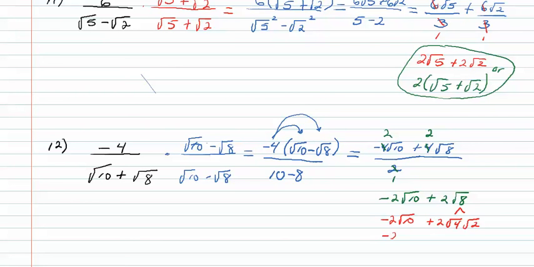So now I've got negative 2 radical 10, and then I have 2 times 2 radical 2, which becomes 4 radical 2. I still have my negative 2 radical 10. I have my positive sign there. And then I look and see if it can be simplified any further, and it can't. So therefore that is my final answer. So you can keep simplifying and simplifying until you can go no further. Alright, so that was quite a bit for 10-3.